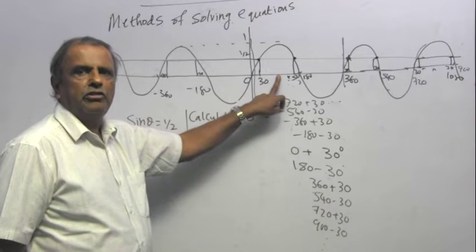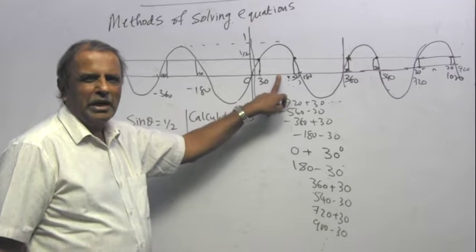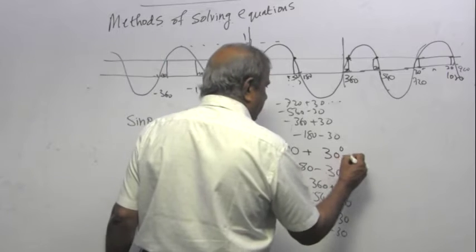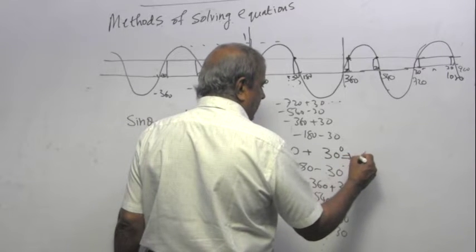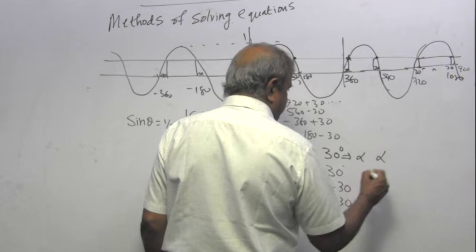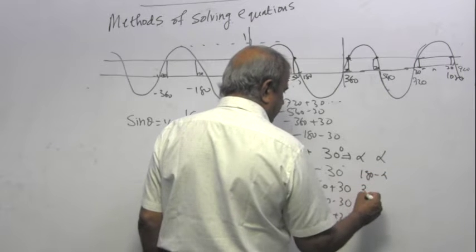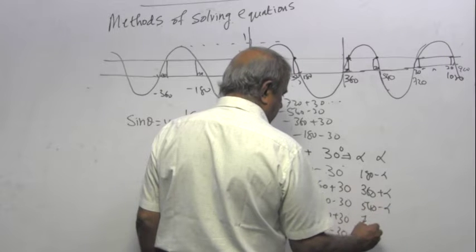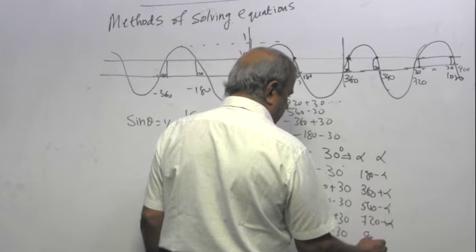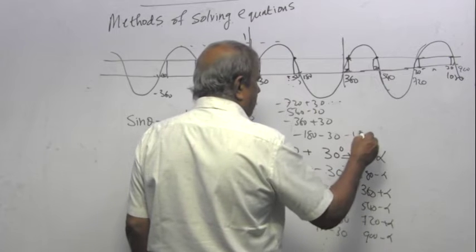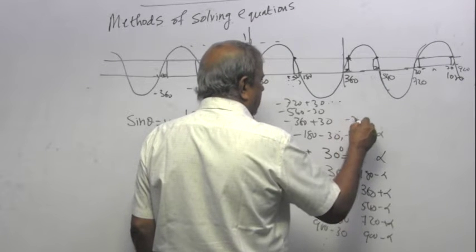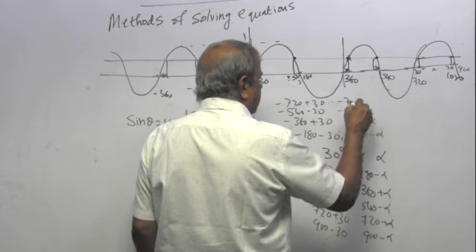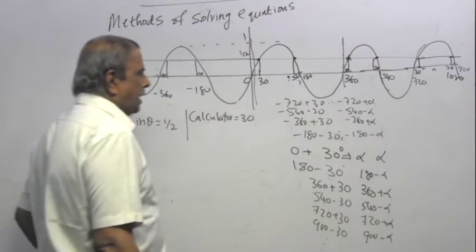If sine is negative, it will give you the biggest negative angle or the smallest positive angle. So let's call this alpha. So alpha, 180 minus alpha, 360 plus alpha, 540 minus alpha, 720 plus alpha, 900 minus alpha, minus 180 minus alpha, minus 360 plus alpha, minus 540 minus alpha, minus 720 plus alpha, and it goes on.